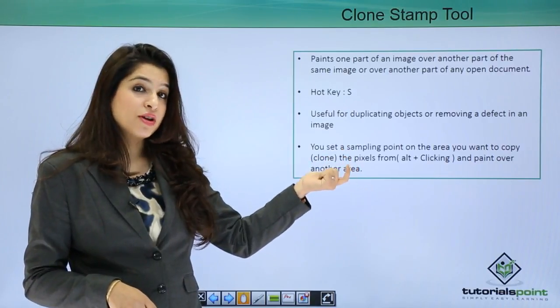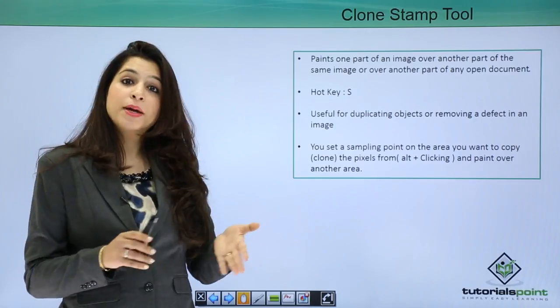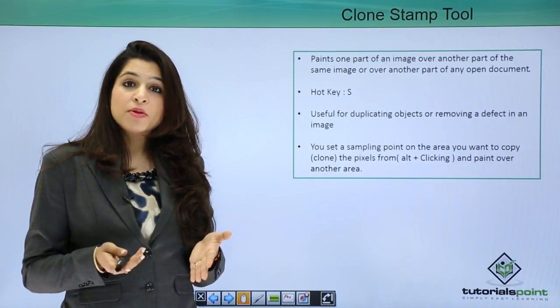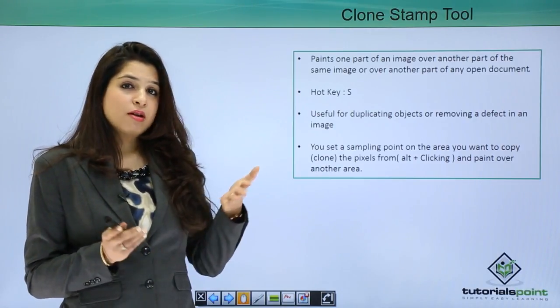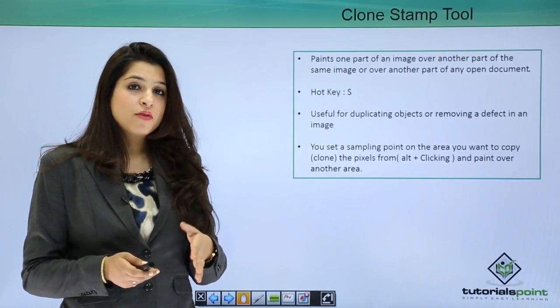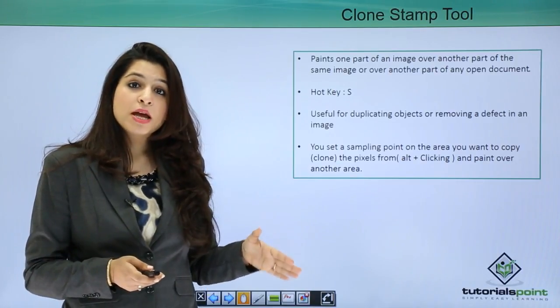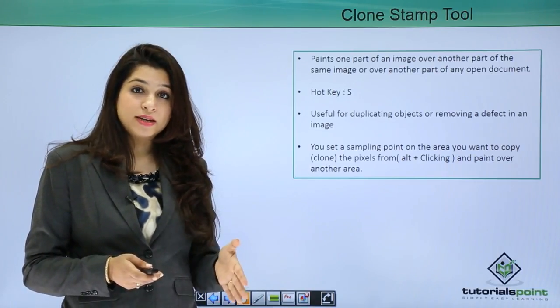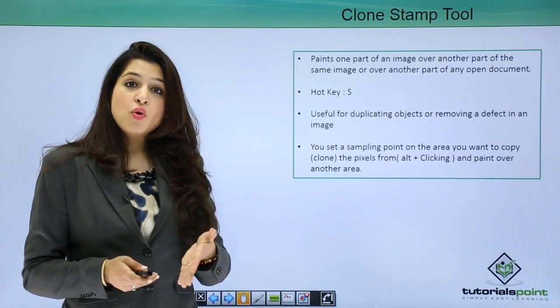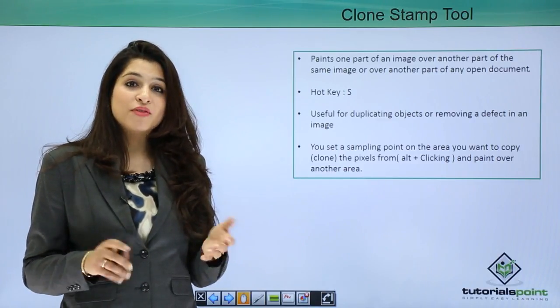So you sample an area, and where you want to paste it, you go there and start painting over. If you had a dustbin in your image, you go to a better area, say the nearby ground. You select your ground by pressing Alt and clicking together, and then you go and paint over your garbage, and it's done. You have a perfect image.